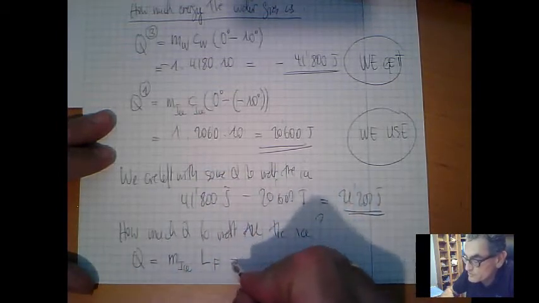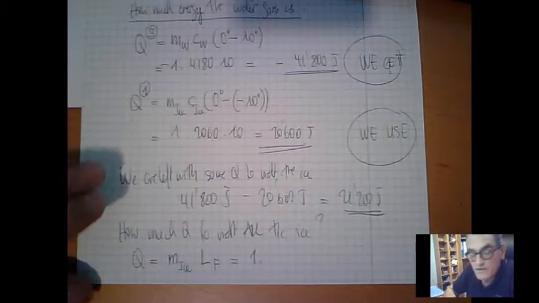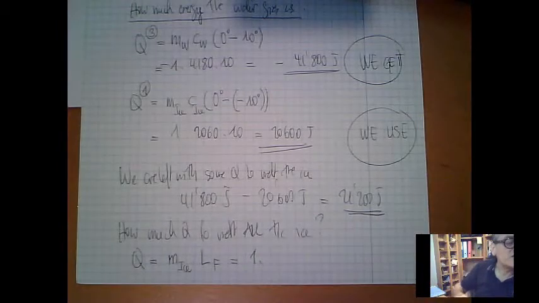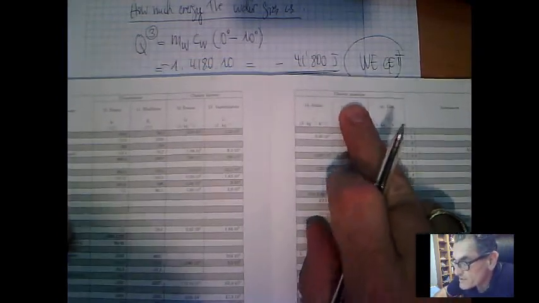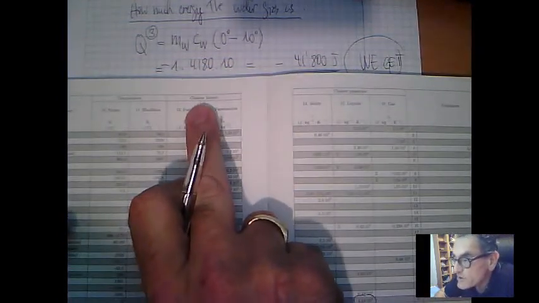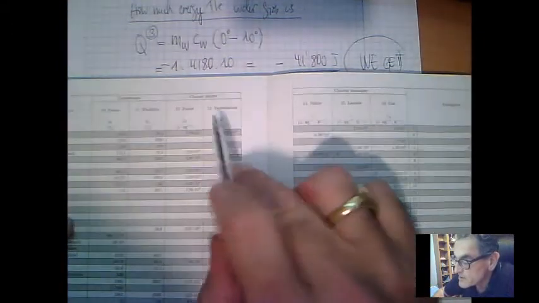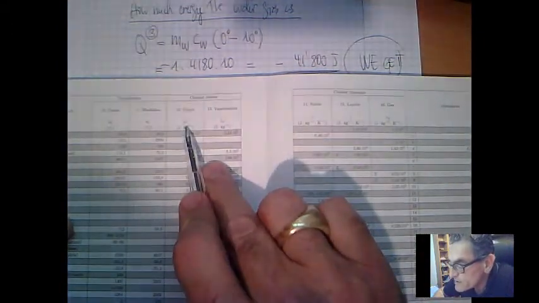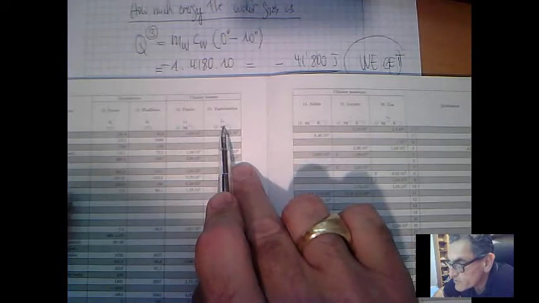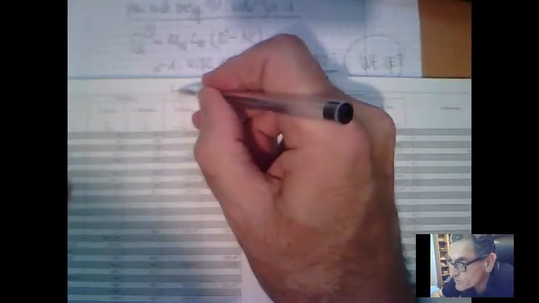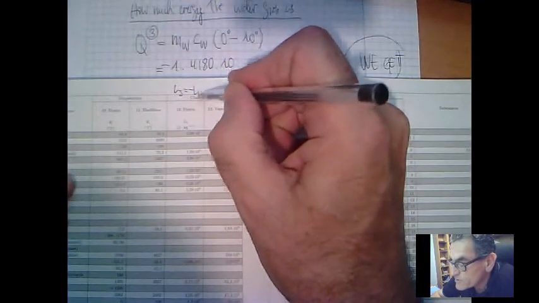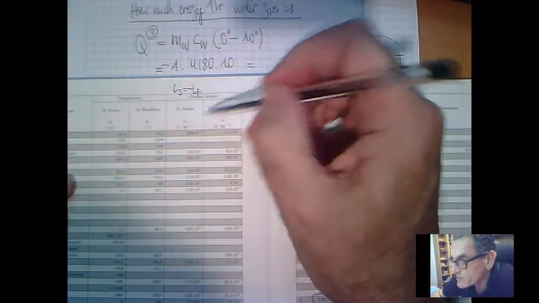Okay? The mass of ice is 1 kilo, and the latent heat, well, we have to look for it. So we take the table again, and you see you have chaleur massique here, and here you have chaleur latente, latent heat. And you have latent heat for fusion, LF, and latent heat for vaporization. I remind you that if instead of fusion, you do solidification, you take minus the value of LF.